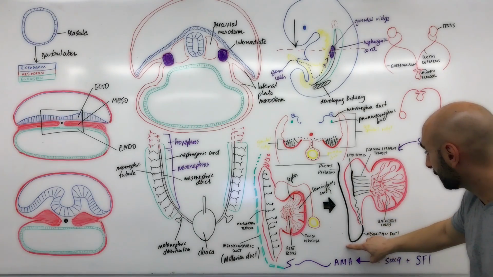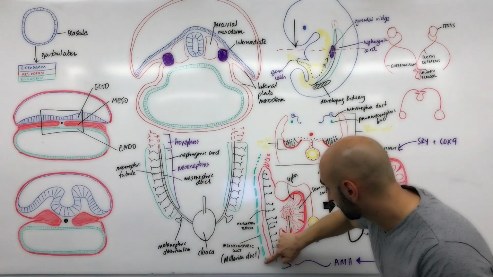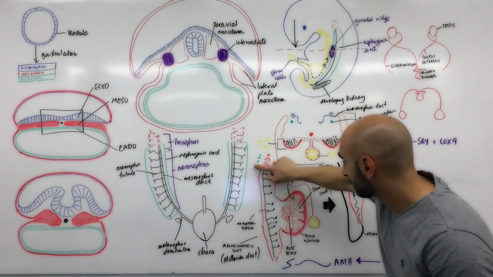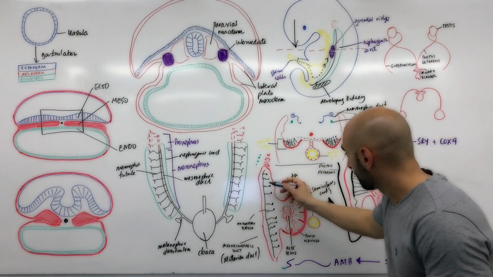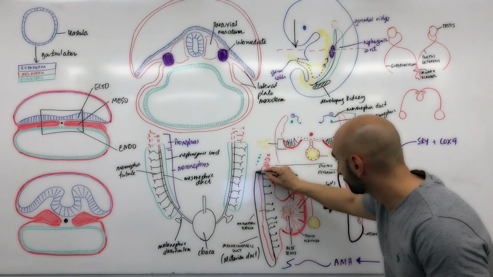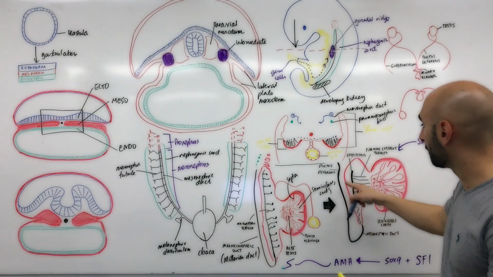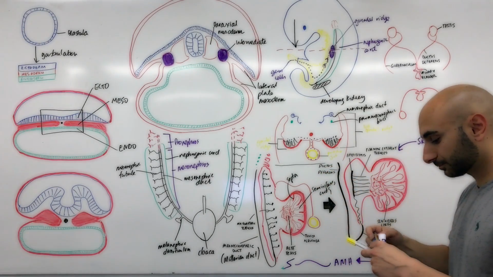So what happens is, as this degenerates, this mesonephric duct will eventually form the ductus deferens.